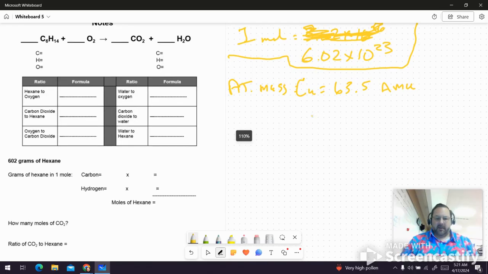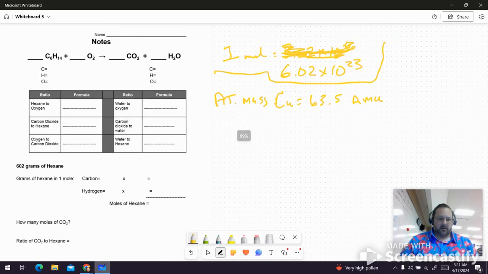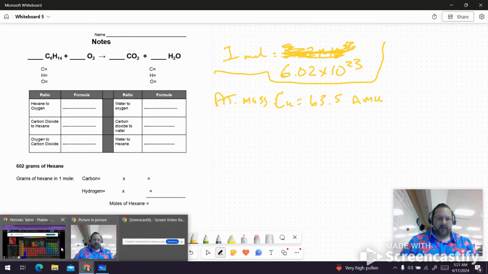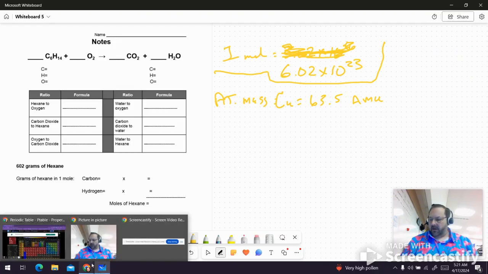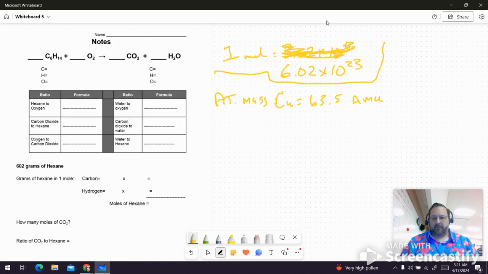So that means, let's flip back real quick over here. Up here at the top, I see my atomic number. So it has 29 protons. So I have 63 and a half minus 29 for neutrons.